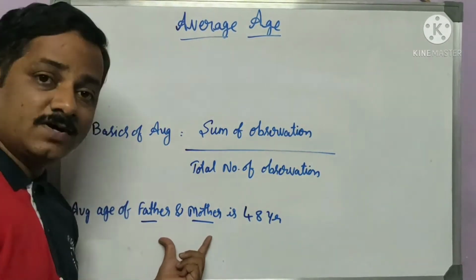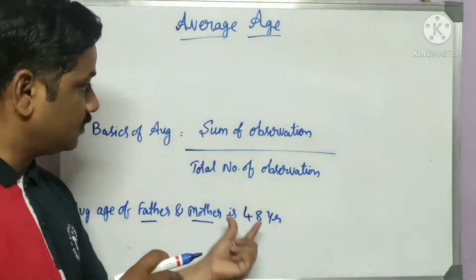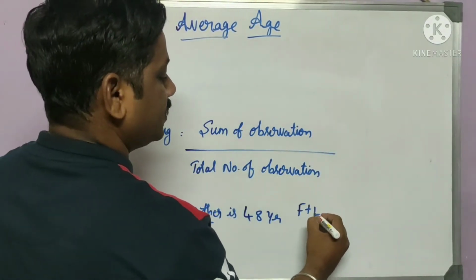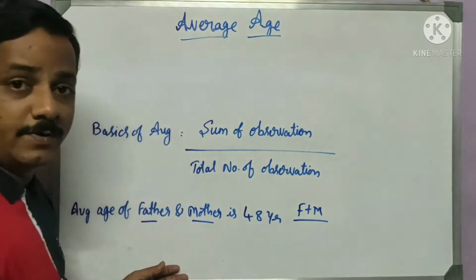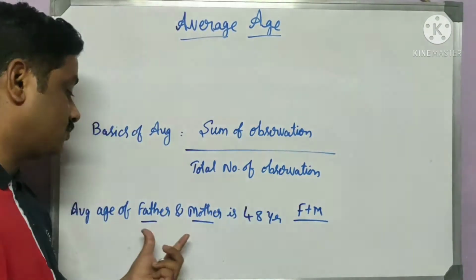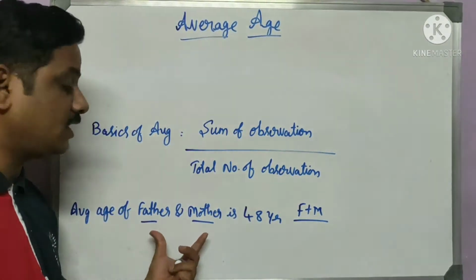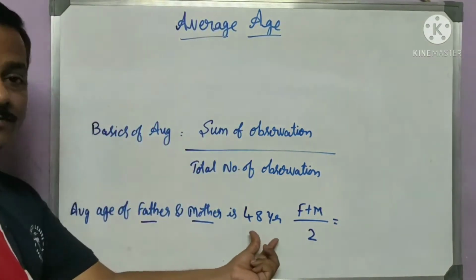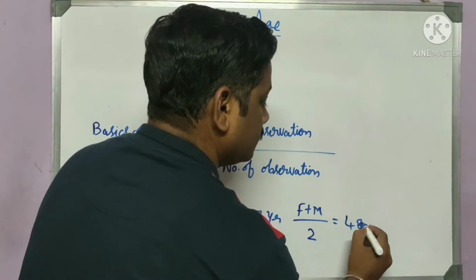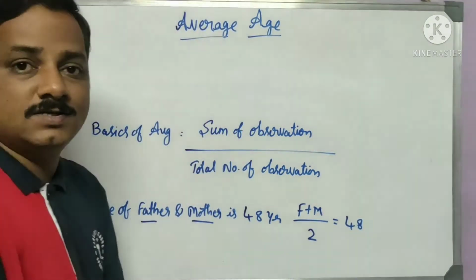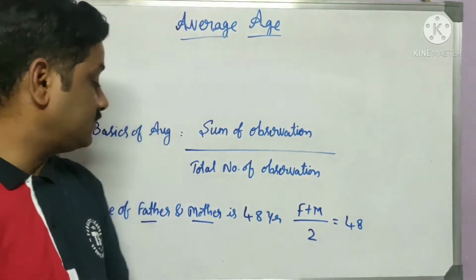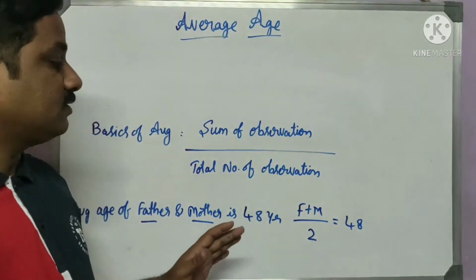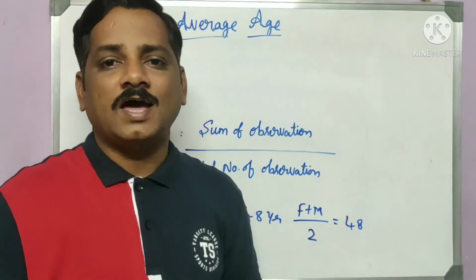So the sum of father and mother, we can write it like this: father age plus mother age divided by the total number of observations. How many observations do we have? Father and mother, 2 observations. So divided by 2 is equal to 48 years. So this is how we need to understand the average concept.